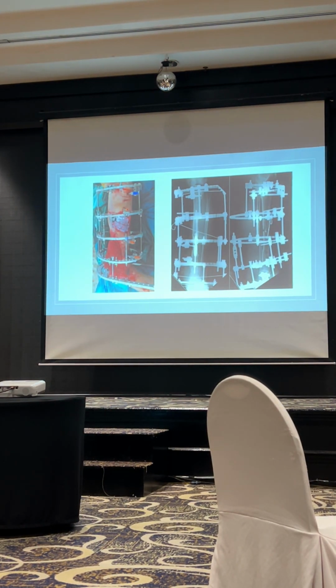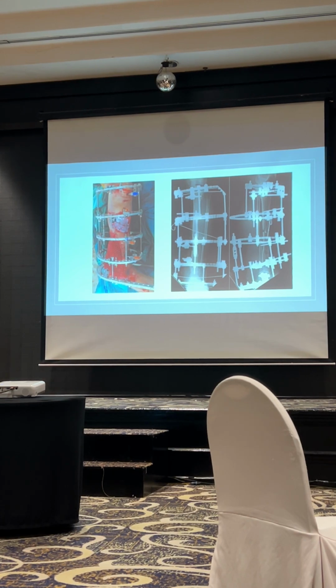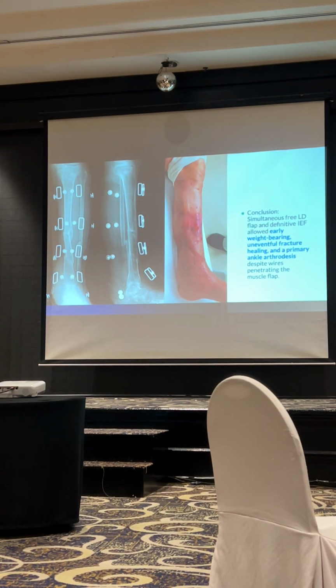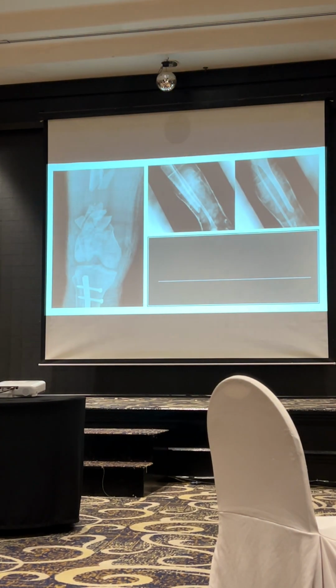So they did a tissue flap with Elizarov. The challenge here is that they are doing the Elizarov through the muscle flap as well. Ultimately, they managed to get a heel bone and heel flap, early weight bearing, and eventually a primary arthrodesis of the ankle. So it's a successful case.